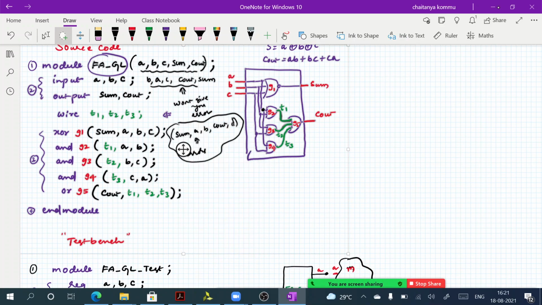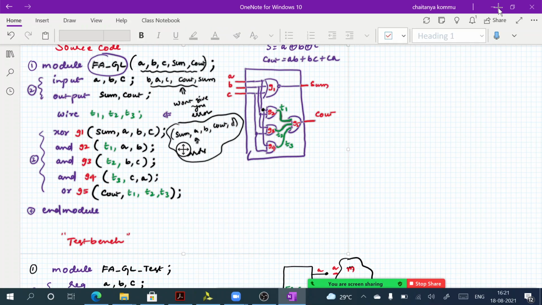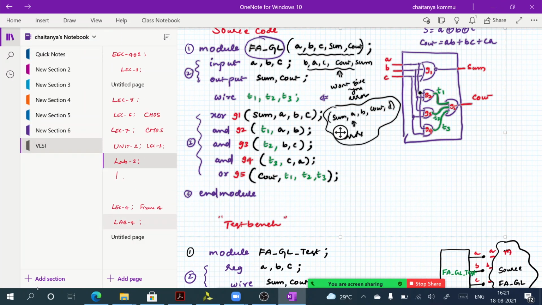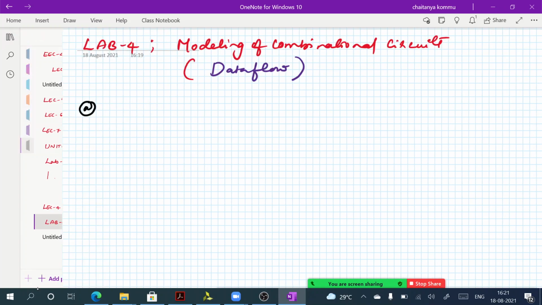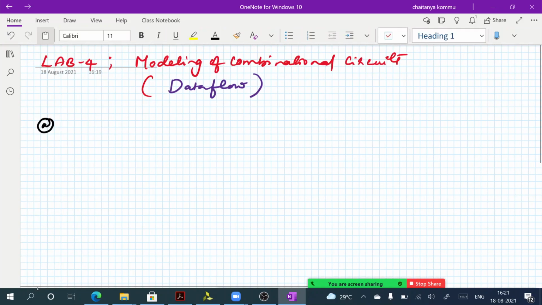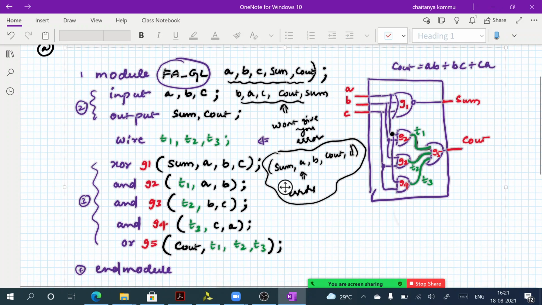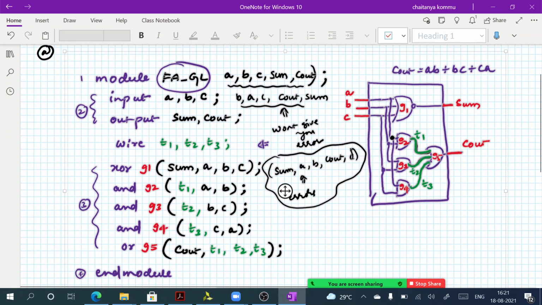Copy and then paste. Okay, this is the program that we have written in the last class. It's a 1-bit full adder. So let us modify accordingly.